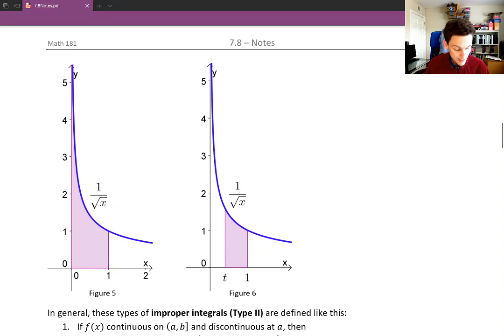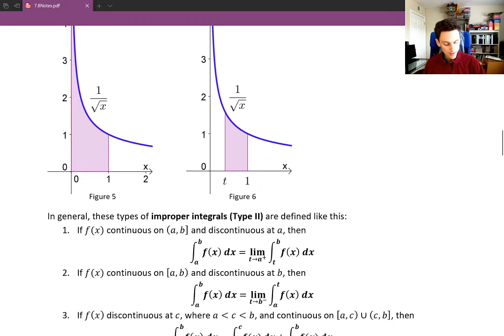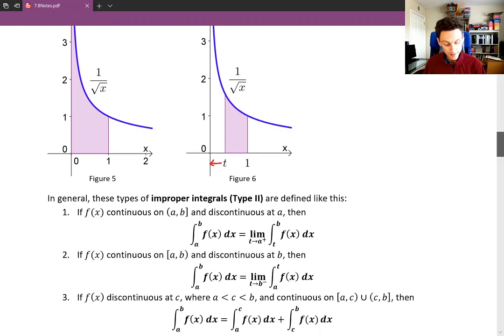What that does is it takes these areas and makes them closer and closer to the area that we're trying to look for, from 0 to 1 of 1 over the square root of x. So just like last time, we would take the limit as t approaches 0, just like t went to infinity for the type 1 improper integrals.